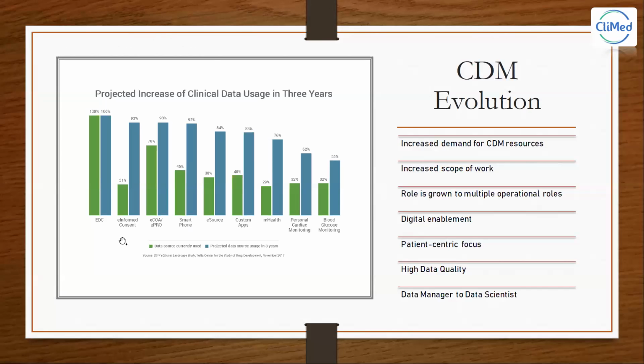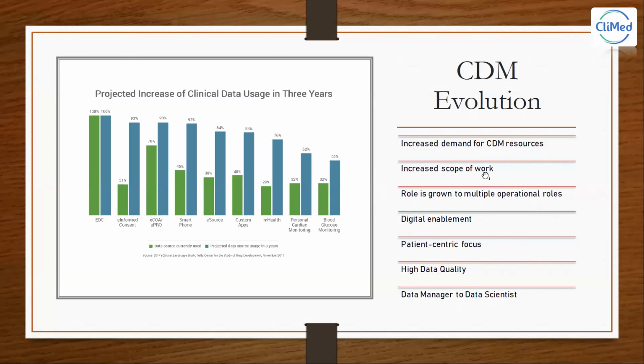If you see at the bottom, it's e-informed consent, not paper, eCOA, electronic PRO forms, smartphones, e-sources, other resources. All these electronic and other monitoring devices capture patient data, because it is convenient for patients to give the data electronically. The data pool has become a lot, and that's one of the things which has increased demand for clinical data management resources.